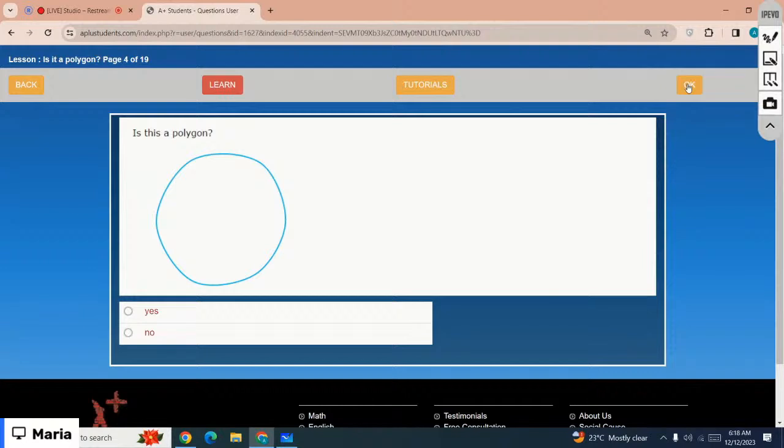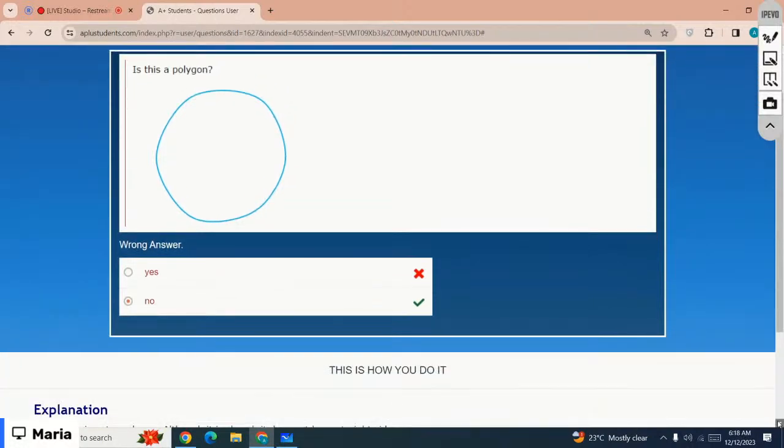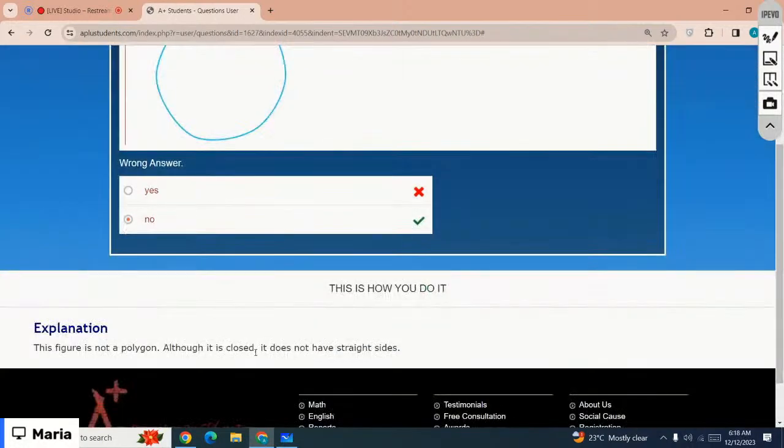Okay, is this a polygon, which is the correct option? No polygon. Polygon must have corners, right? This isn't the polygon, right?